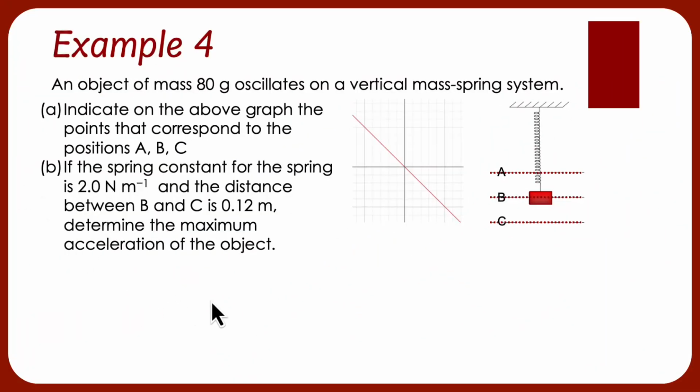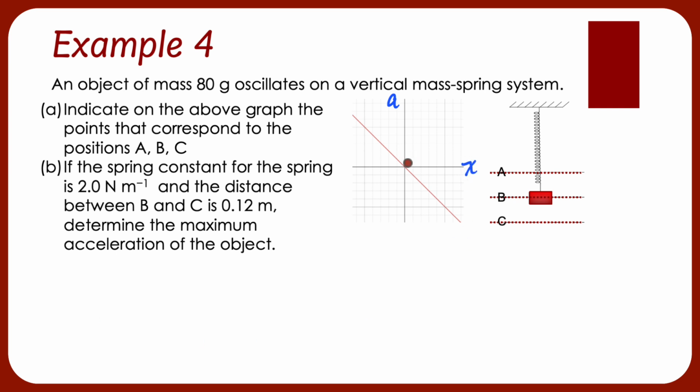And let's use a graph that might have been new to you. We've got a mass here. It's hanging on our spring. We're going to say B is at equilibrium. A is where I pull it up. C is if I pull it down. Now, in this case, we know it must be an a versus x graph.